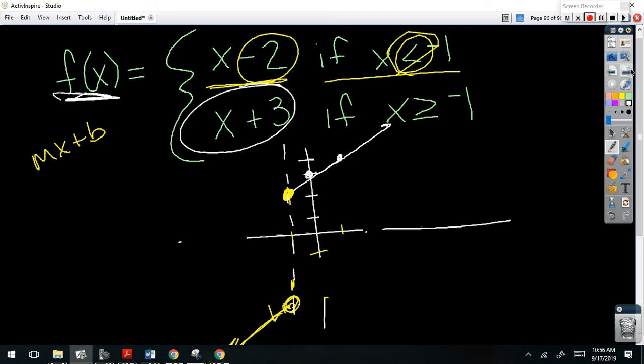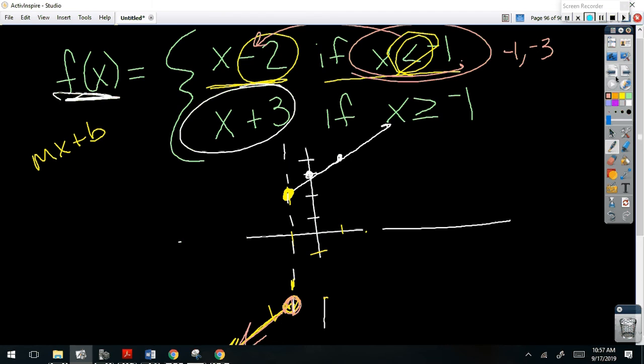If x is less than negative 1, then I could plug negative 1 into my equation and I would get the point negative 1, negative 3. I would know it's an open dot. And because it says x is less than negative 1, I need to find a point to the left. So I'd do an open dot and go off to the left. Let's do one like that so we're a little more advanced than erasing.